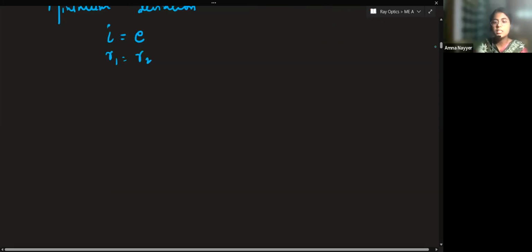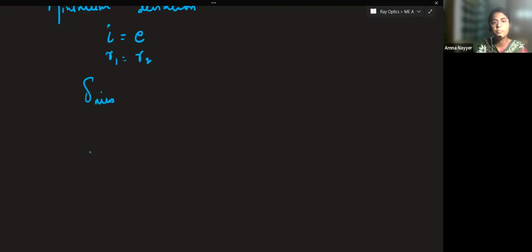So here, if these are equal, delta minimum for minimum deviation will become what? Both are the same, so it gets twice. Delta is I plus E minus A. If E is equal to I, you get 2I minus A. This is delta minimum.